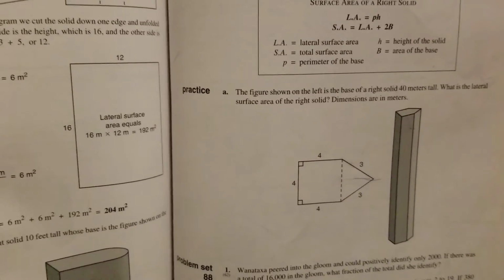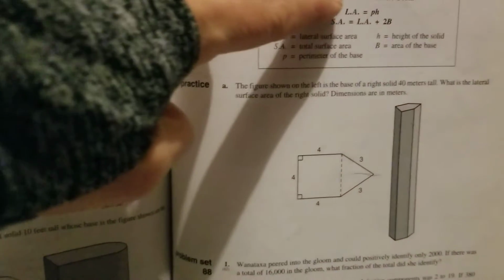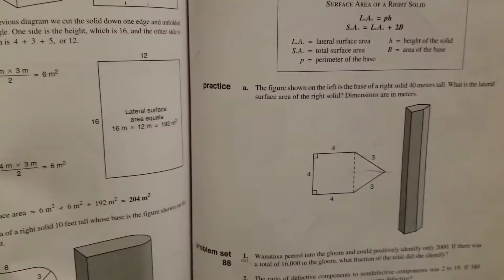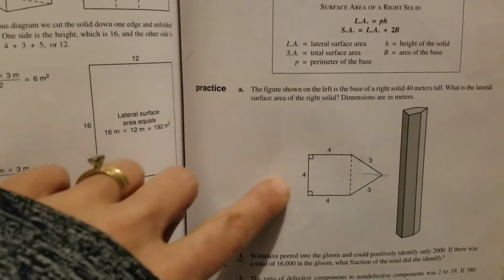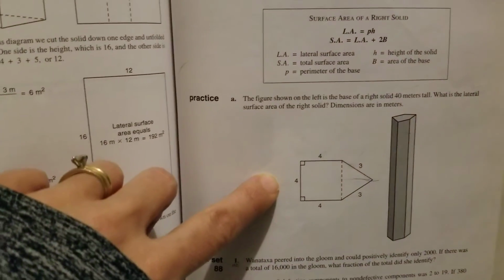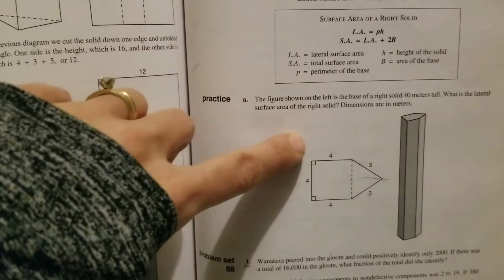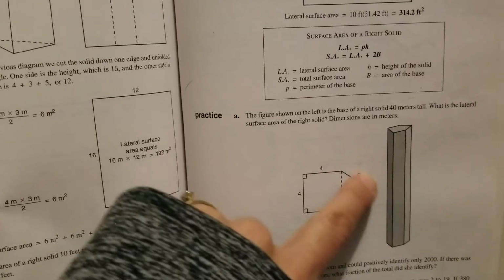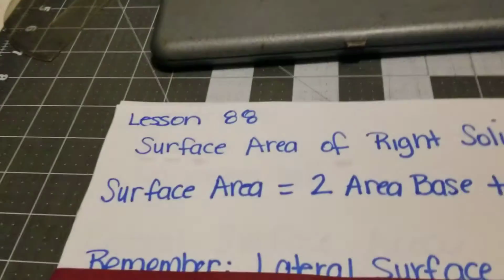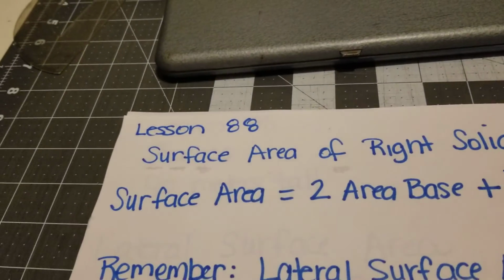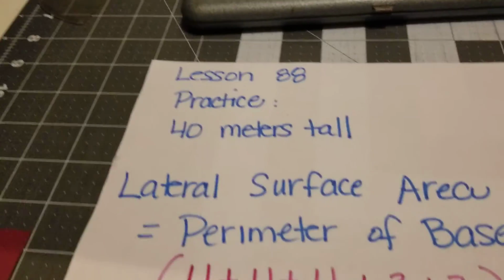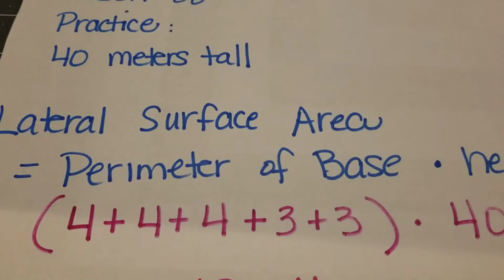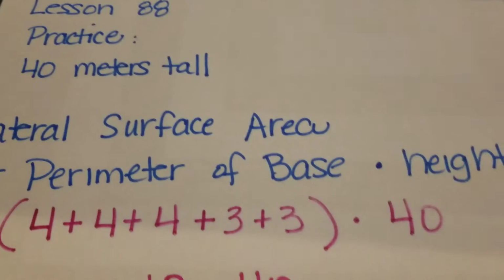So we recall, and it reminds us up here, that the lateral area is equal to the perimeter times the height. So we look at our picture and we remind ourselves, how do we find the perimeter of this? Well, the perimeter is the amount outside. So 4 plus 4 plus 4 plus 3 plus 3. So down here in my work, perimeter of the base, 4 plus 4 plus 4 plus 3 plus 3 times the height.